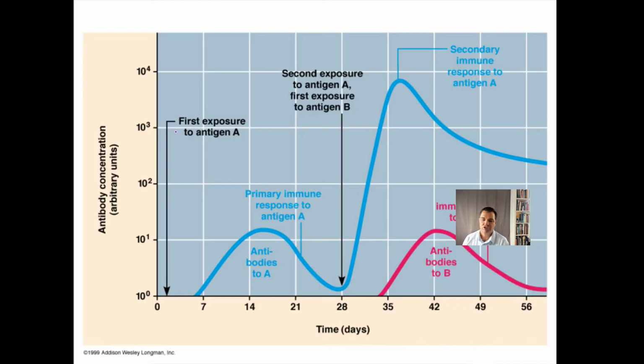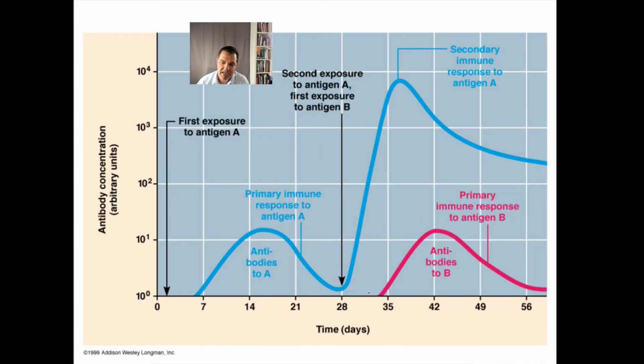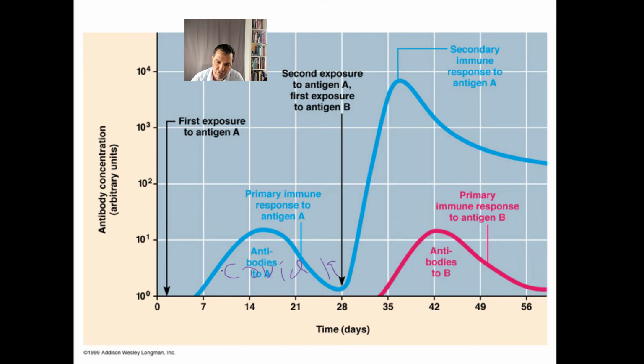So if I show you this graph here, let's say I get exposed to COVID-19 right here. First it takes a while for my body to make antibodies to it, but 3 weeks later, assuming everything is working like we think it normally does, if I come across COVID-19 again, I make this really quick response to it.